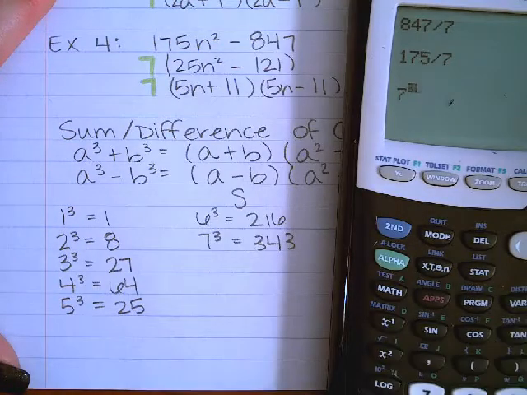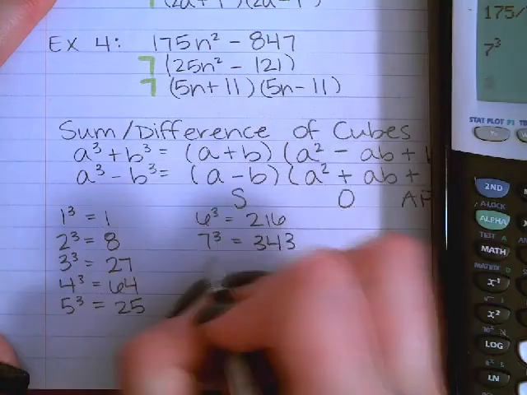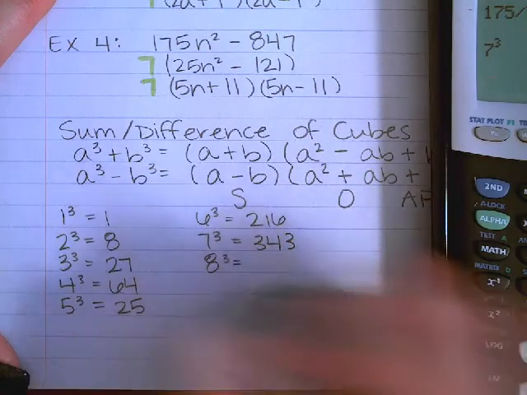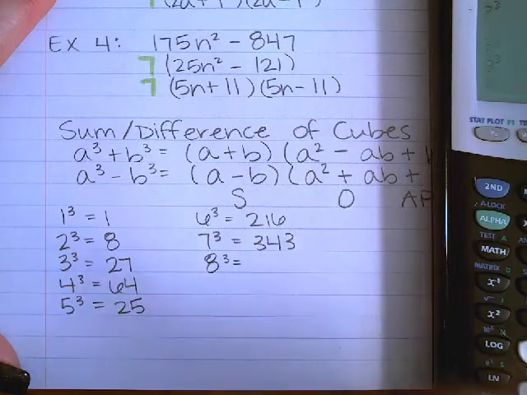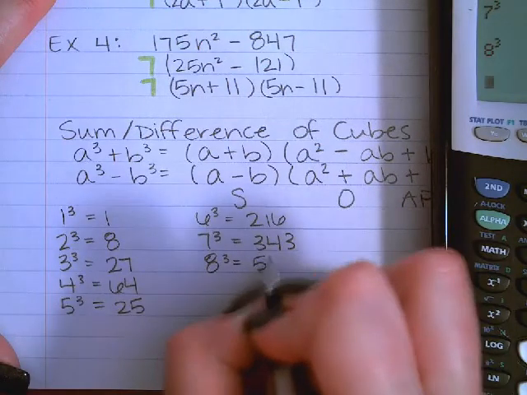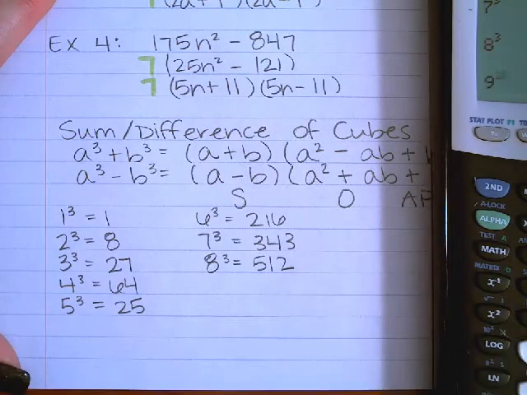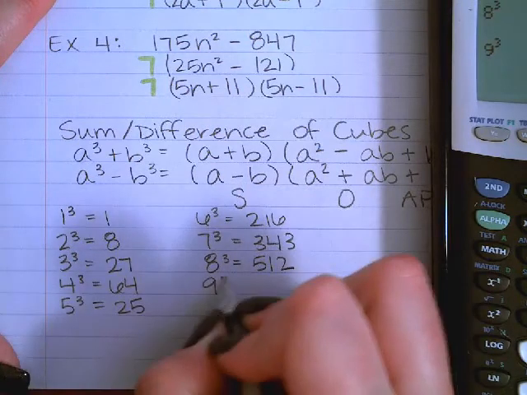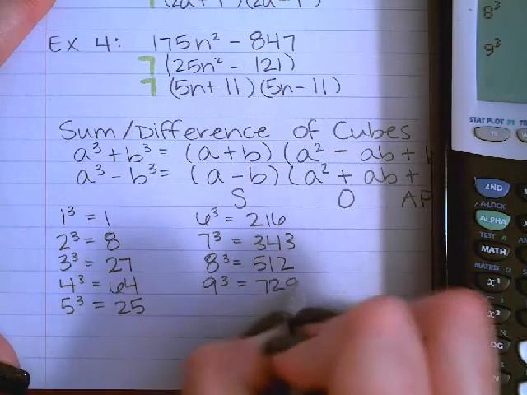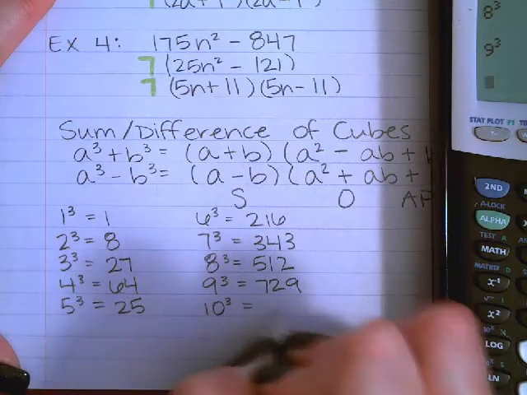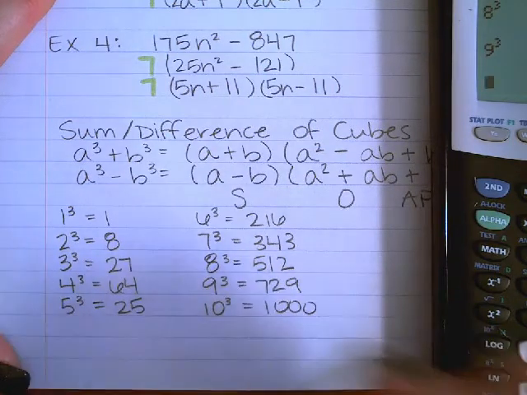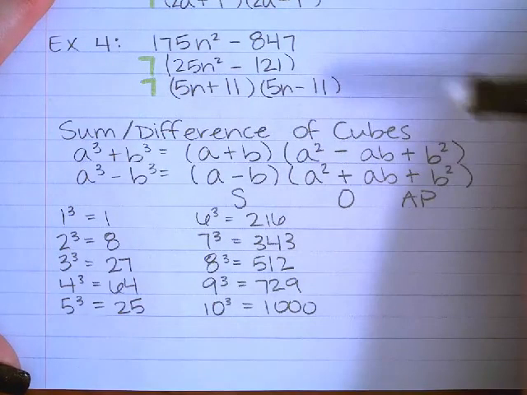That's about as far as I have them memorized. 8 cubed, let's find this out together. 8 cubed is 512. 9 cubed is 729. 10 cubed, I know this one, it's 1,000. That's probably about as high as we need to go for these.